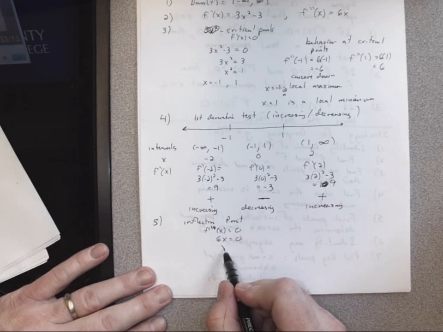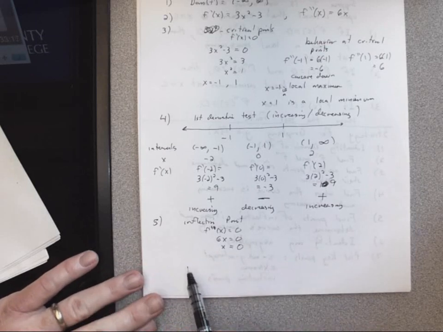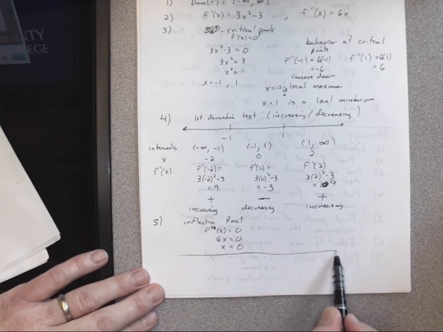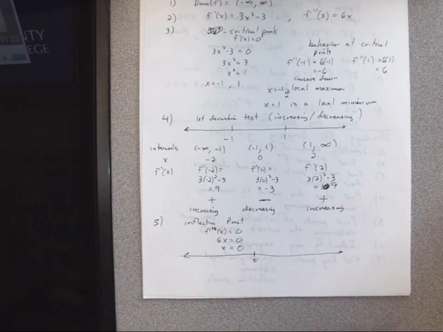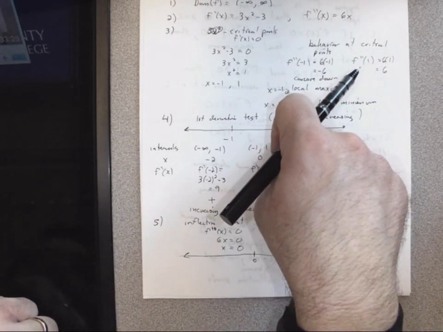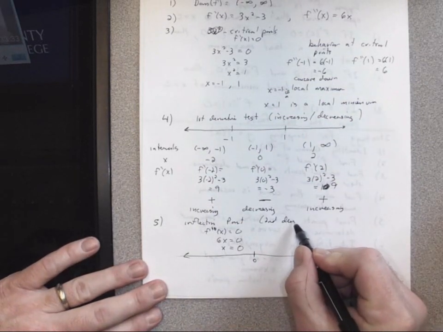So divide both sides by 6, you get x is equal to 0. So what that means is we're going to put this into an interval again, and we're going to cut it at 0. And we're going to do the exact same thing that we did for our first derivative test, but this is going to be our second derivative test.